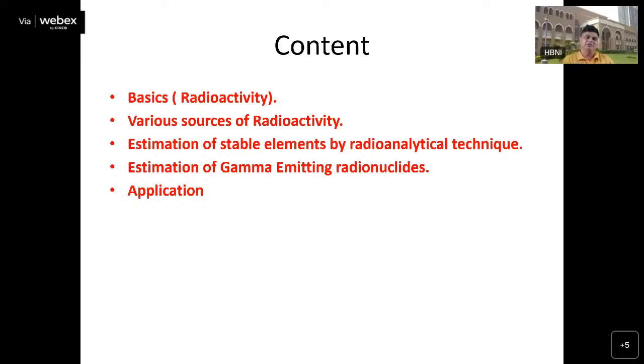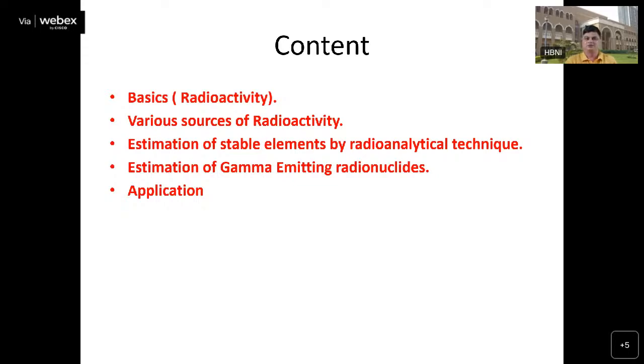So we will see the very basics of radioactivity, because this particular technique is based on radioactivity. Then we will briefly talk about the various sources of radioactivity, and then the estimation of stable elements by radioanalytical techniques. This is a very important point: the element is stable, but we are using a radioanalytical technique. It means we are going to make that element unstable and then detect it.